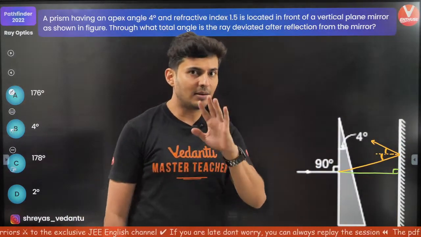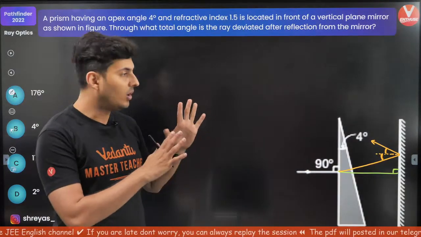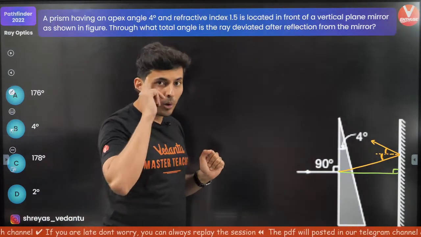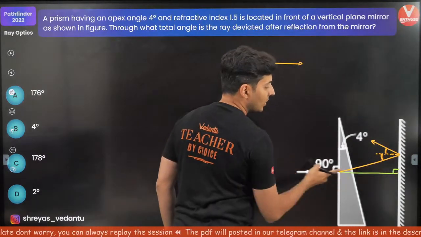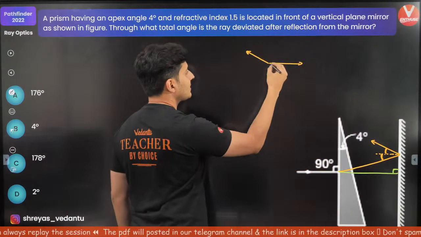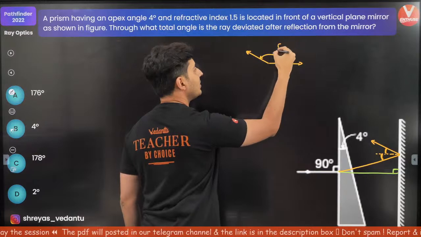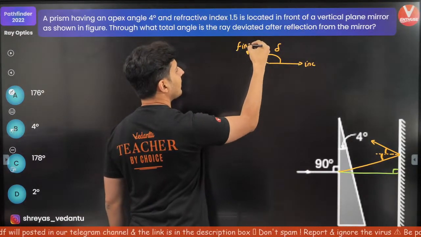First I want you to understand what the deviation looks like here on the diagram. Observe, the light ray was going like this, on that green path. Finally, it ended up going like this. So don't you see, this is your delta, this was your incident, this was your final ray.